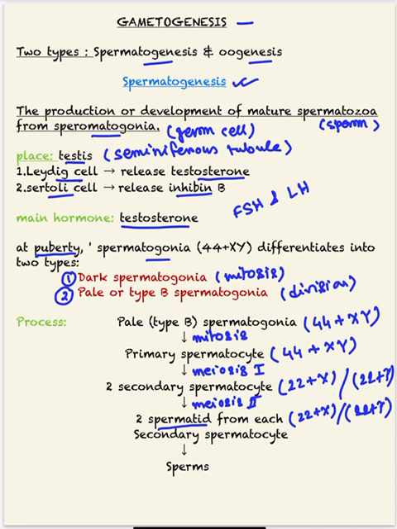So from that we can understand one spermatogonia gives rise to 4 sperms.